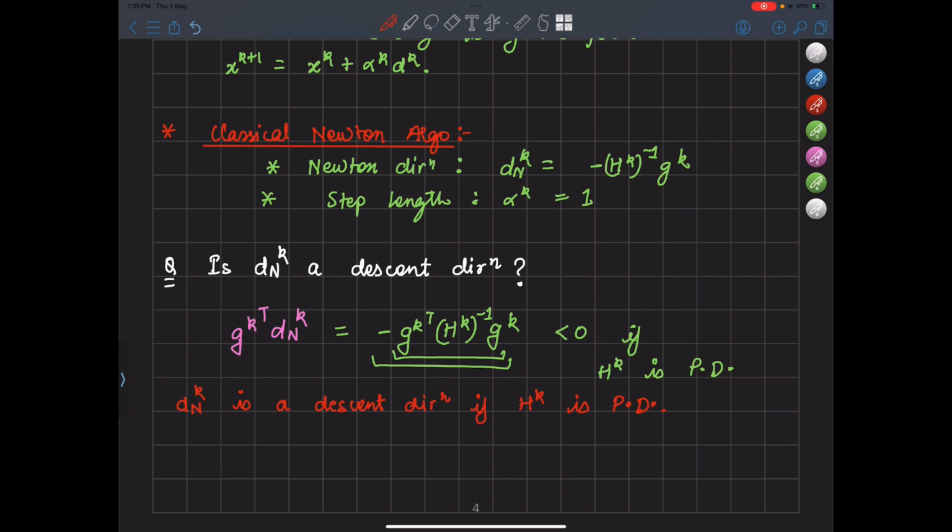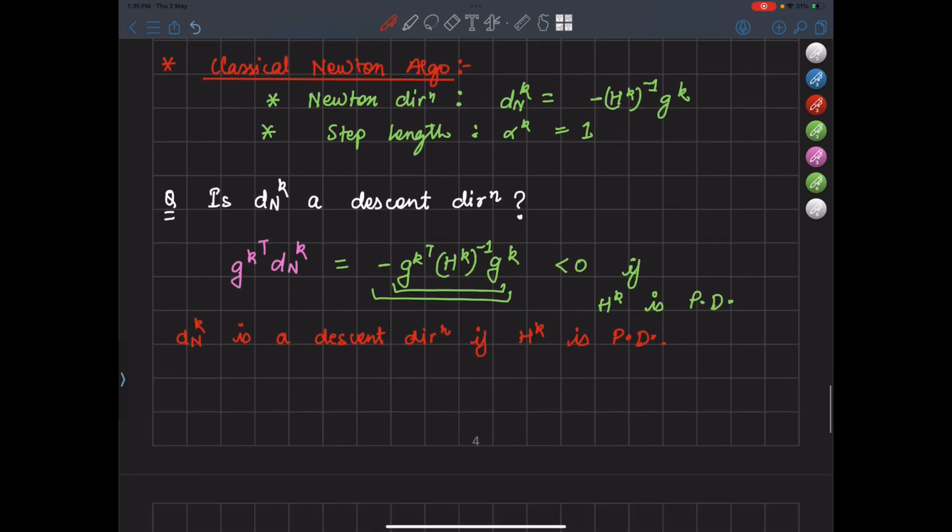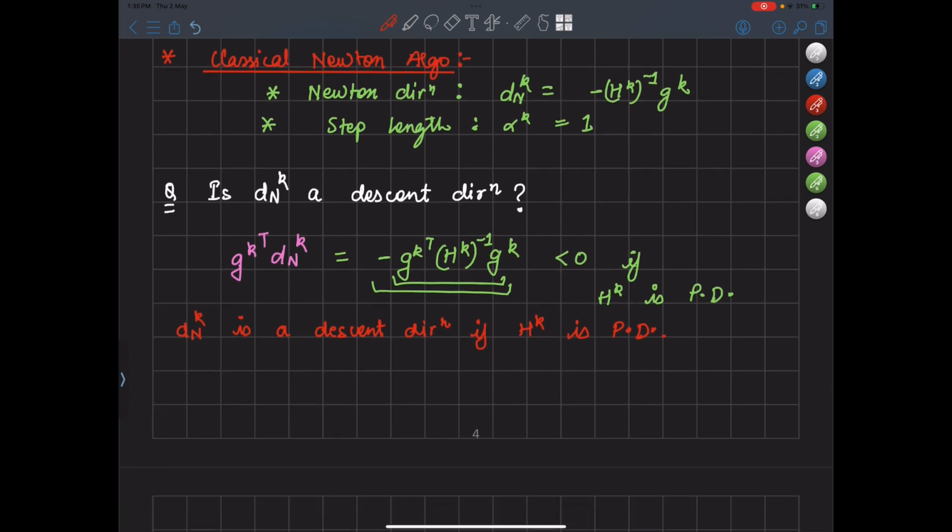All right, so this is the answer to that question. Now let's look at what this classical Newton algorithm does to a quadratic function that we saw earlier.